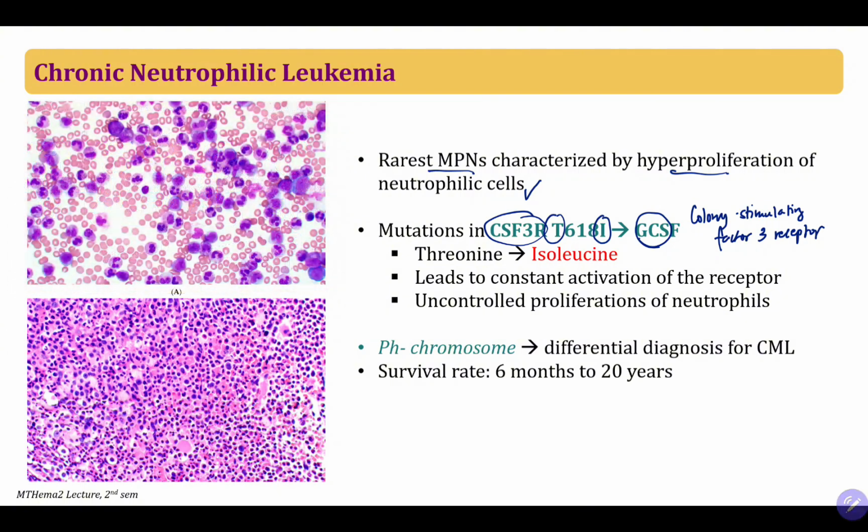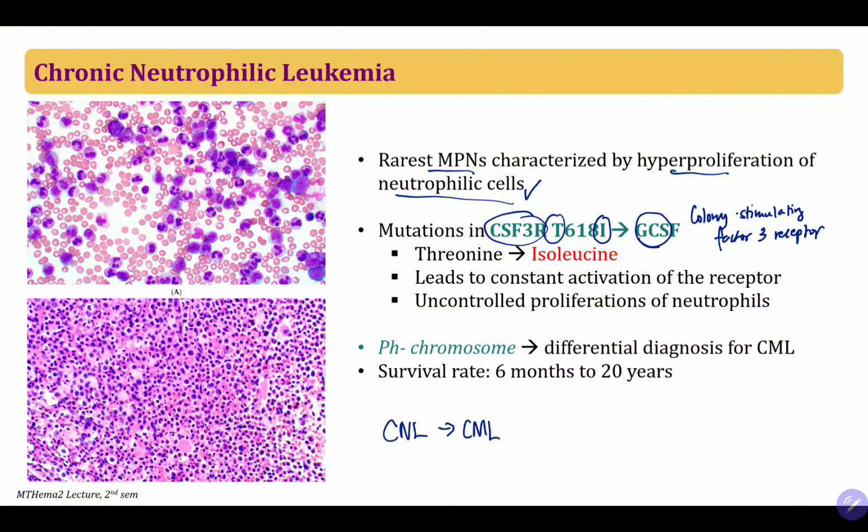Now, to be able to differentiate your CNL from CML, because both of them affect the granulocytic lineage and mature cells, you have to check now the presence of your Philadelphia chromosome. Now, a negative Philadelphia chromosome is highly associated with CNL.